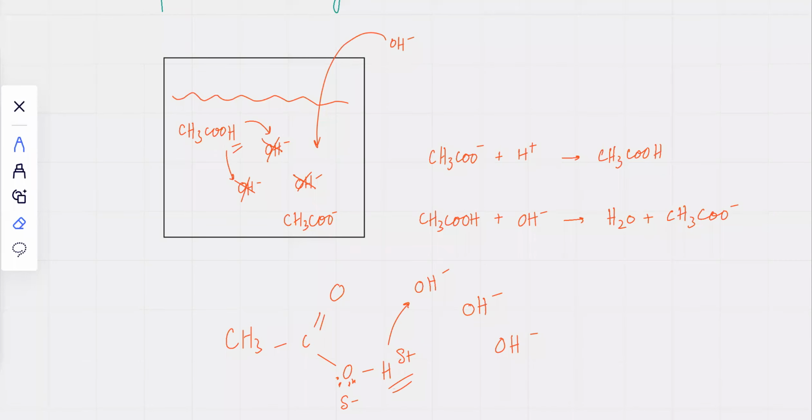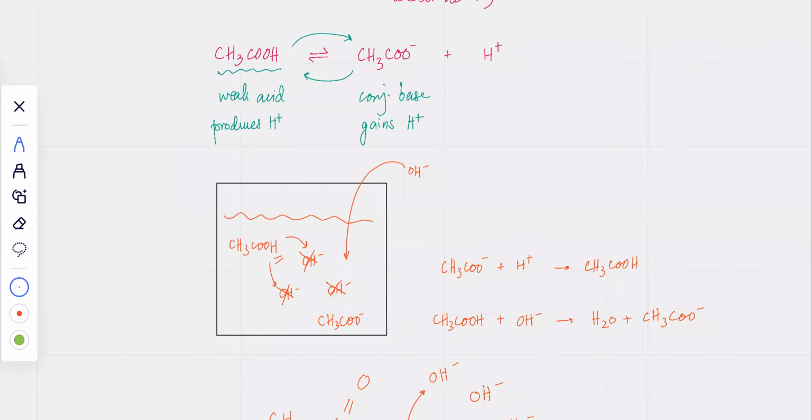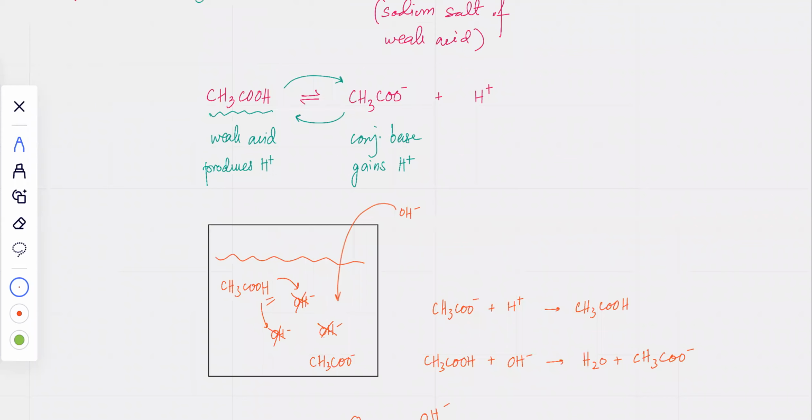So just remember that all buffers are going to behave in the same way. It's going to be a mixture of a weak acid and its conjugate base. And also remember that if you add a weak acid, the weak acid would ionize to produce the conjugate base, but a very little amount of conjugate base would be produced in this way.